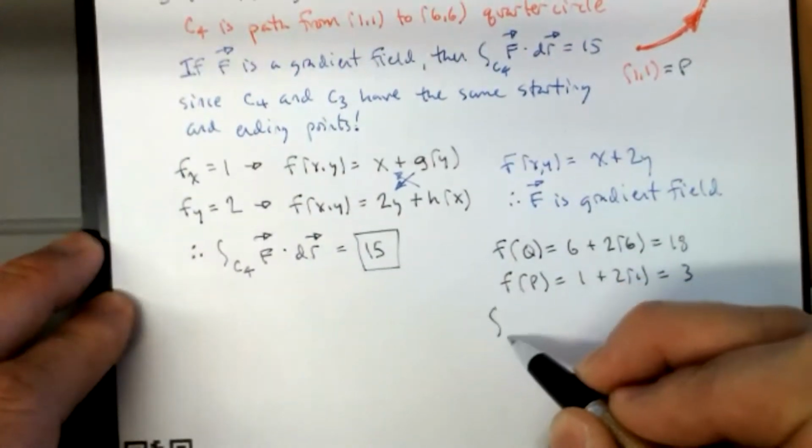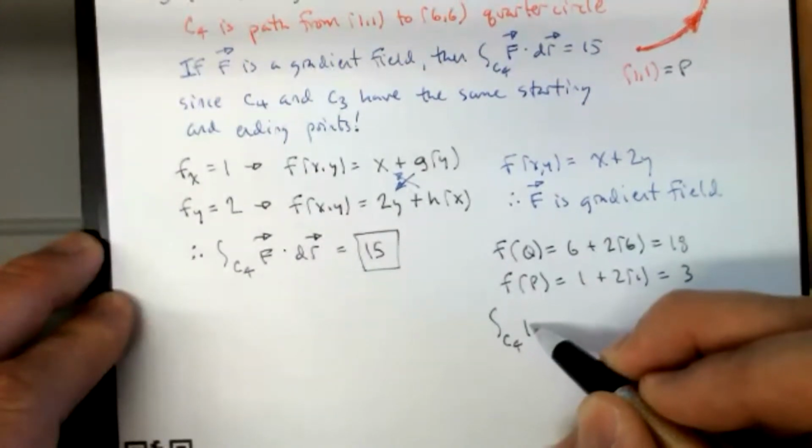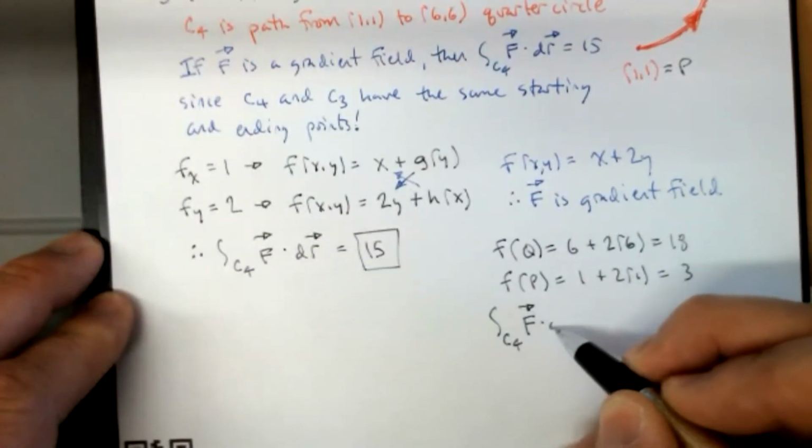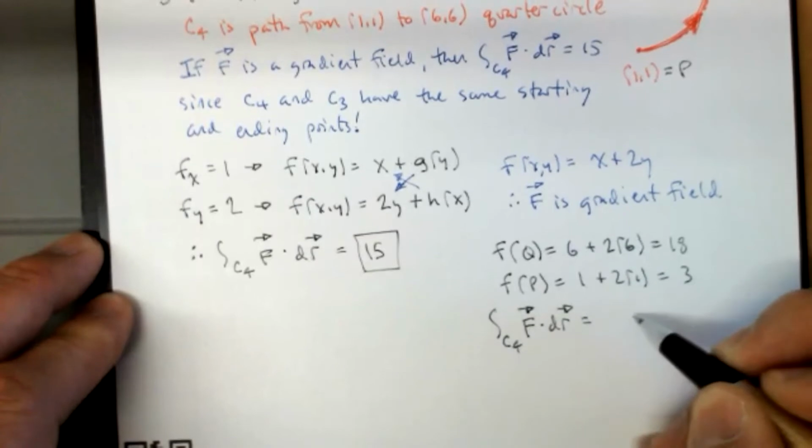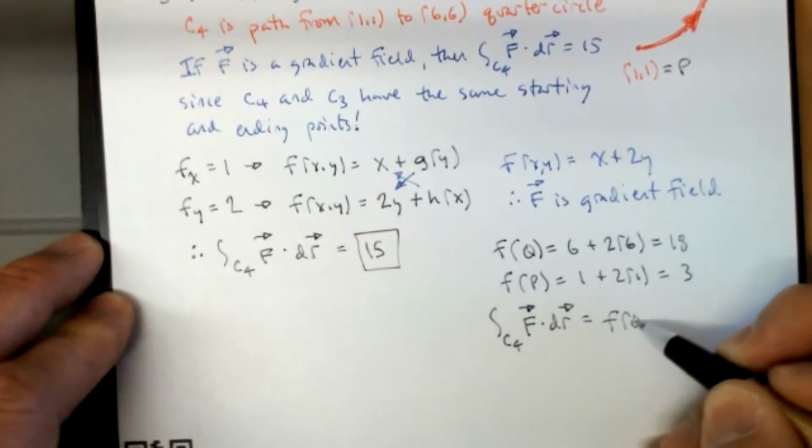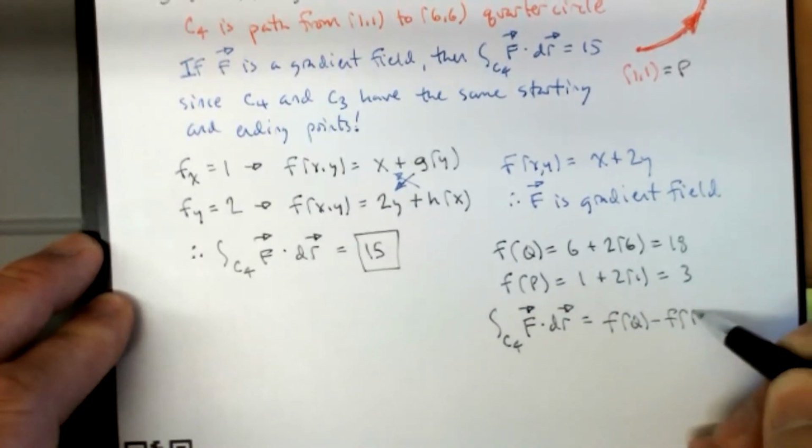And so the integral over C4 of F dot dr will be just F at Q minus F at P.